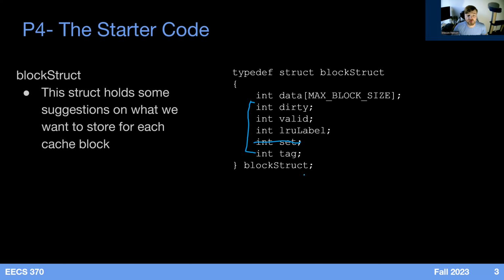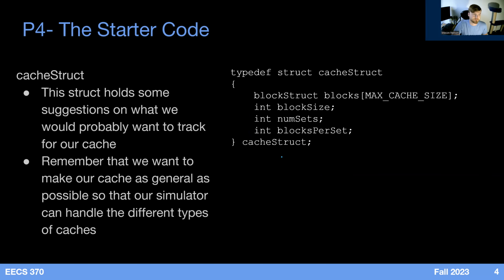But all the other things are overhead that has to be present in a writeback cache. And so that would include the dirty bit, the valid bit, the LRU label, which you have a lot of leeway on to decide what exactly that means, and then the tag. If you feel like you need to add anything else, you can definitely do that. But all of this down below the data would be considered overhead.